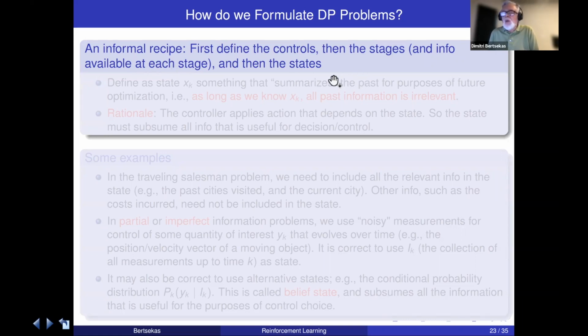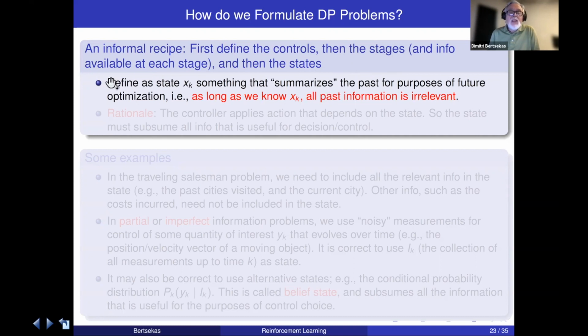And the last thing that you would look at is what is the state. Here, there's some ambiguity because there are many different quantities that you can consider legitimately as states in a given practical situation. But generally speaking, it is a good idea to define a state that summarizes the past for purposes of future optimization. In other words, what is significant to know right now for the purposes of making good decisions in the future?